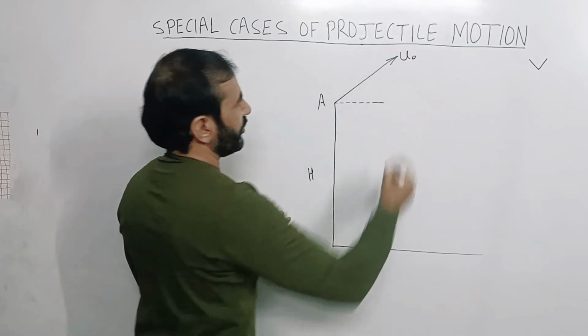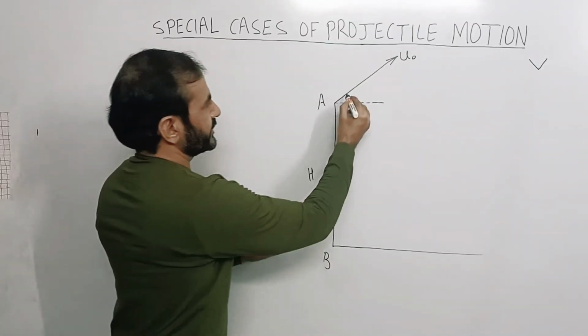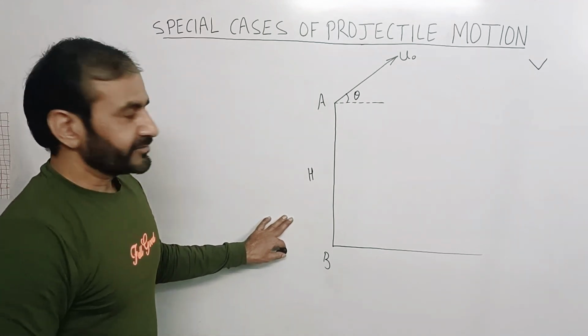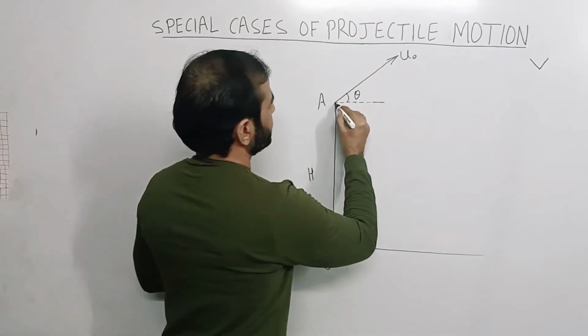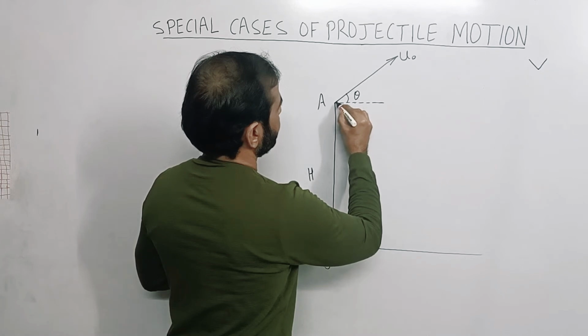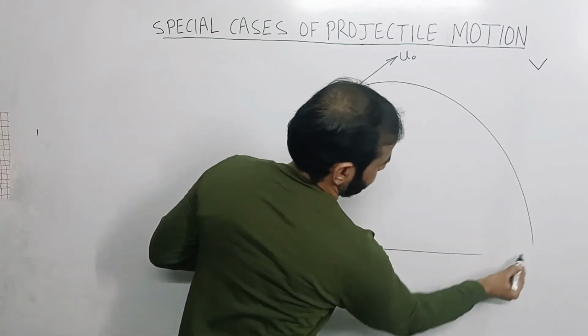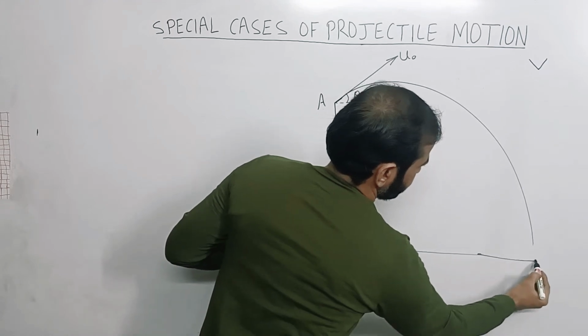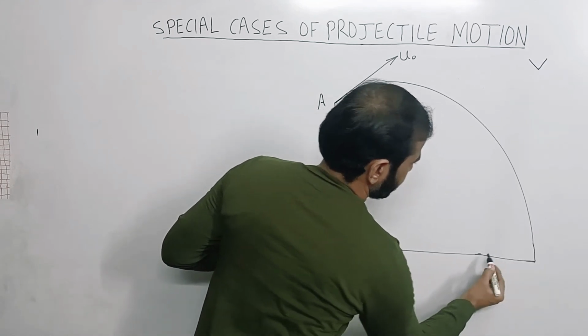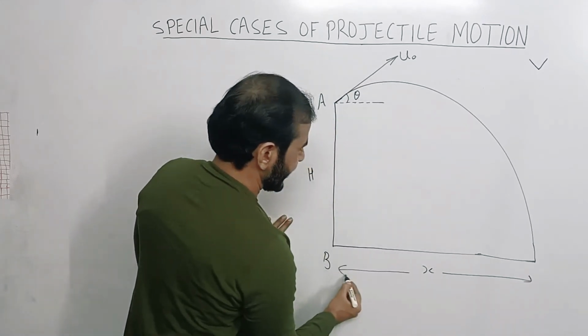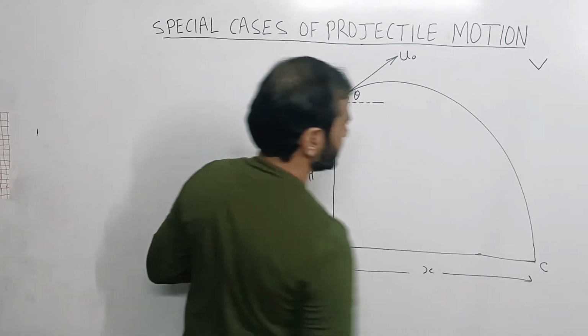This is u naught and this angle is theta. What will be the path of the body? It will cover a curved path, which will be parabolic in shape. This will be the path covered by the body, and this is horizontal distance x. See this point C.